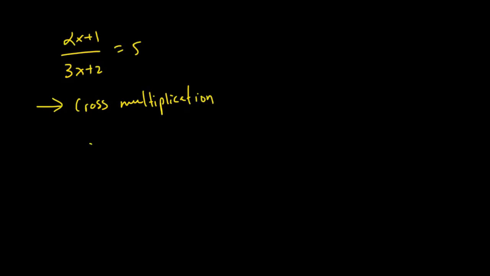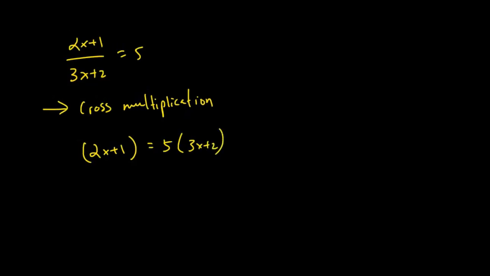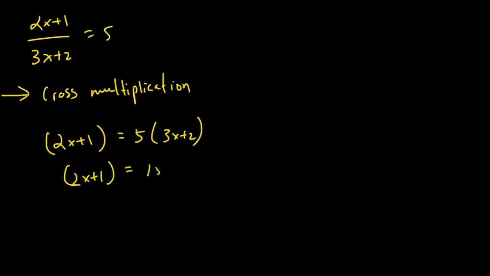So that will be 2x plus 1 equals 5 times (3x plus 2), and that'll be 2x plus 1 equals 15x plus 10, so that will become 13x plus 9 equals 0.